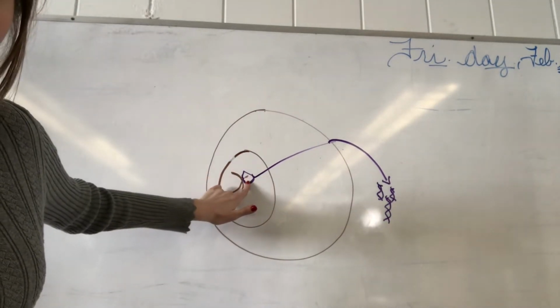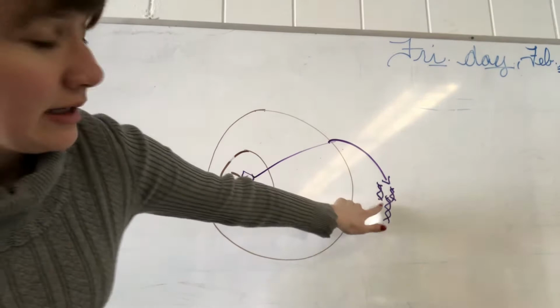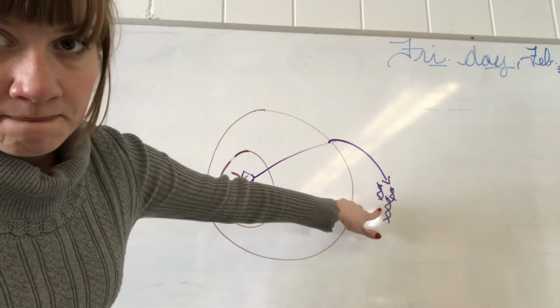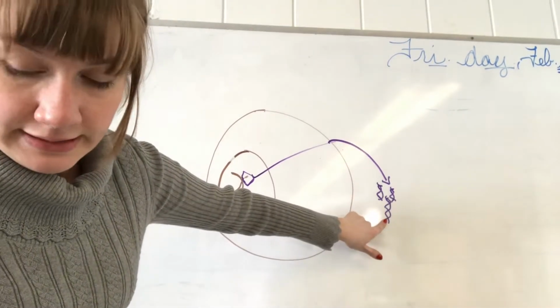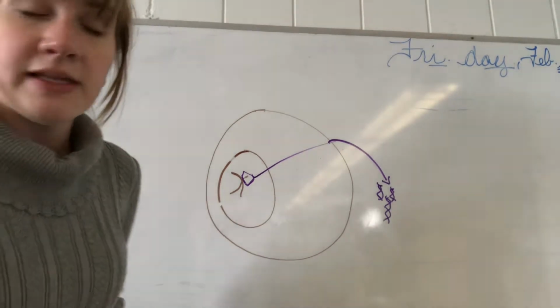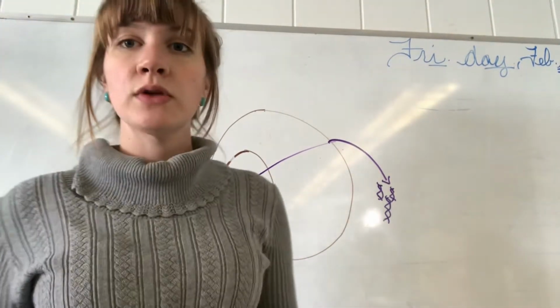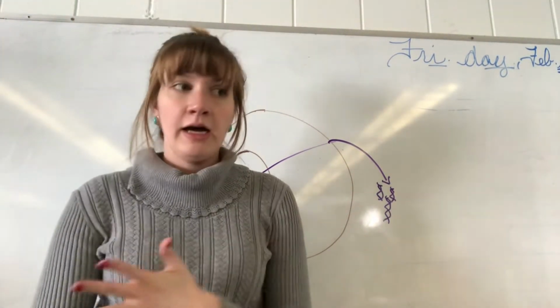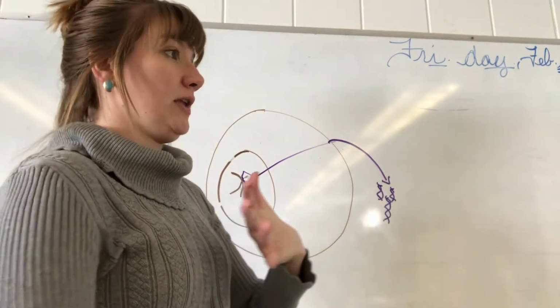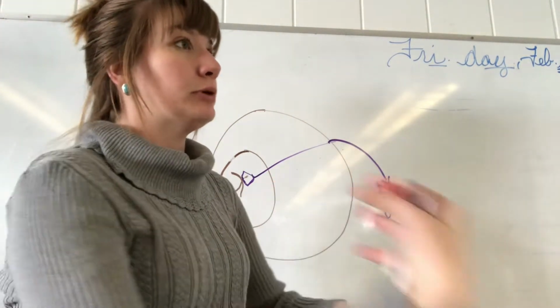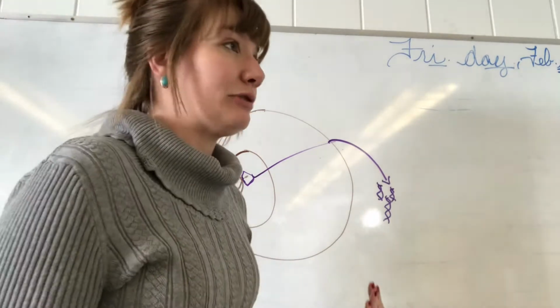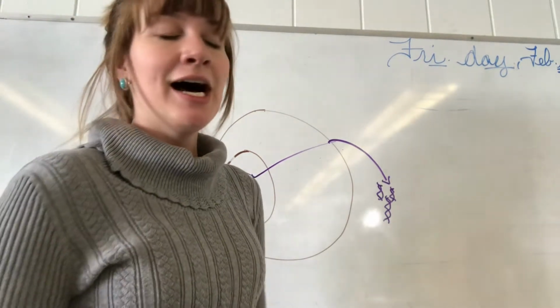We zoom in on this little section, and what you'd find is a bunch of DNA. A bunch of little squiggly lines that look like this. But this DNA has the codes for how everything is made, how everything is reproduced.